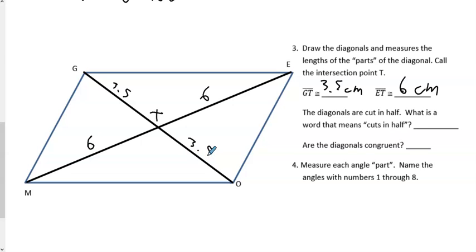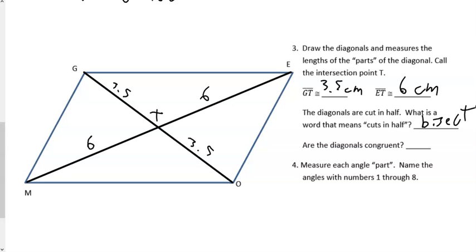Now we have a special word in math that means to cut in half, and we've used this before. We have already this year bisected sides and angles. We've talked about bisecting a side and bisecting an angle, which means to cut in half.